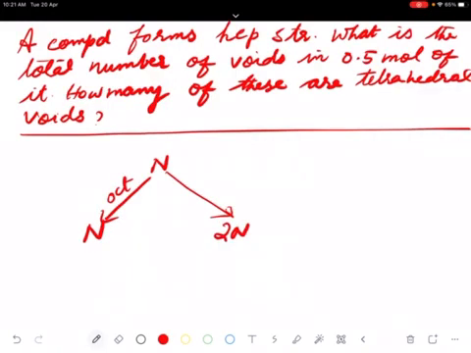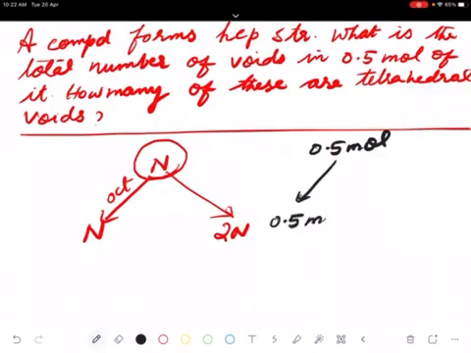And if N is the number of atoms in that crystal lattice, for that N they have given the number 0.5 mole. So how many octahedral voids? 0.5 mole. How many tetrahedral voids? 2 into 0.5 mole, that means 1 mole.